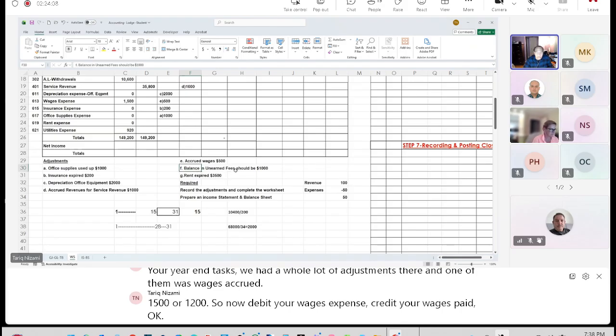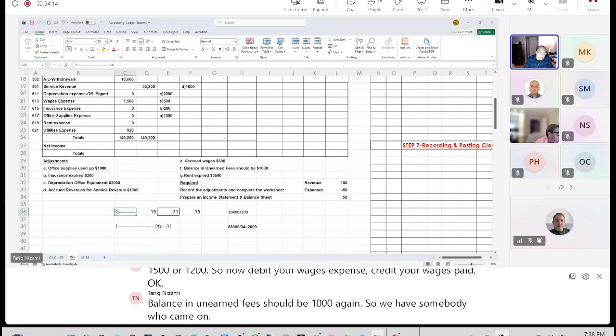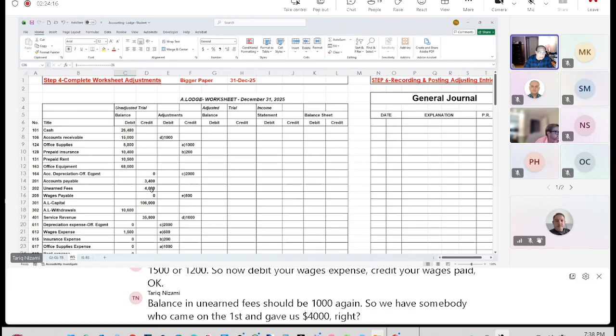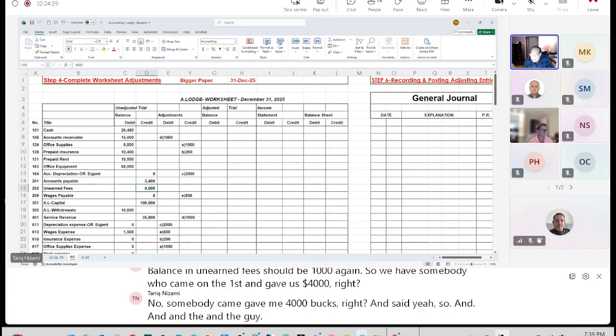Balance in unearned fees should be 1,000. Again, we have somebody who came on the 1st and gave us $4,000, right? Like a down payment. And the guy said, could you please do this work for me? Take a look.